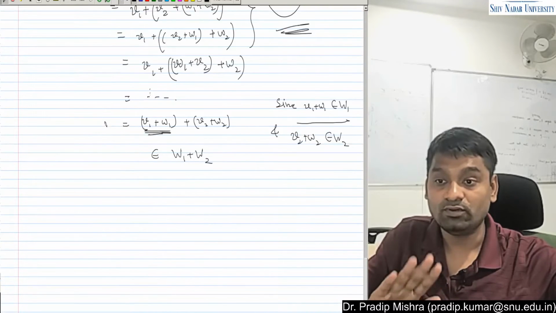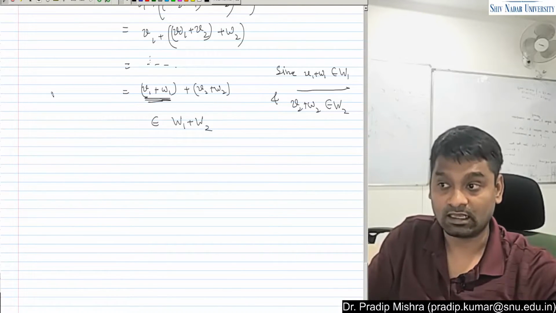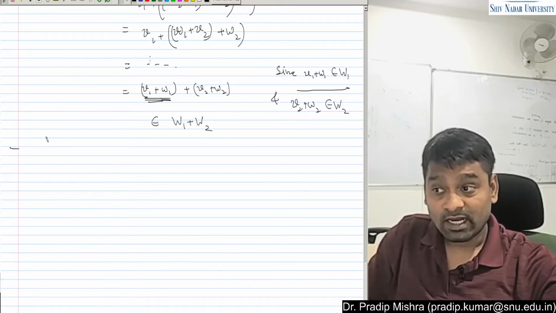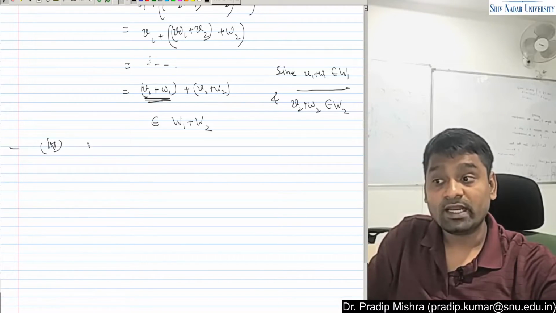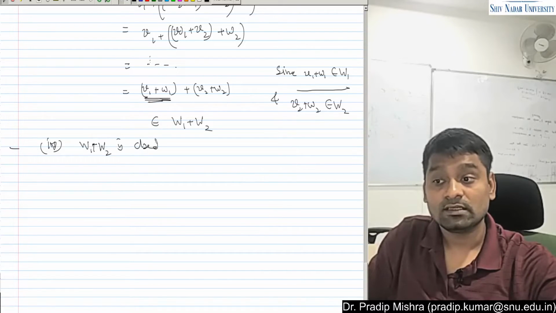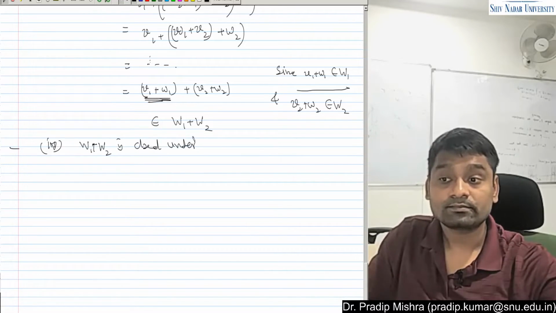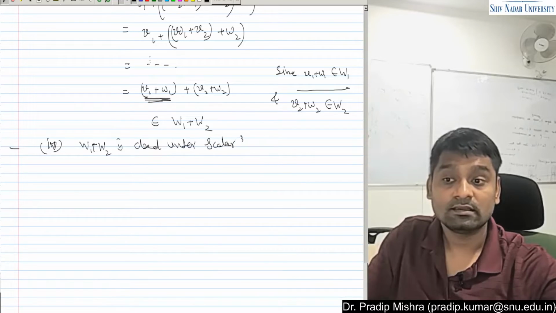You should pause the video and try to understand this very carefully. And similarly, the fourth one, you can prove that W1 plus W2 is closed under scalar multiplication.